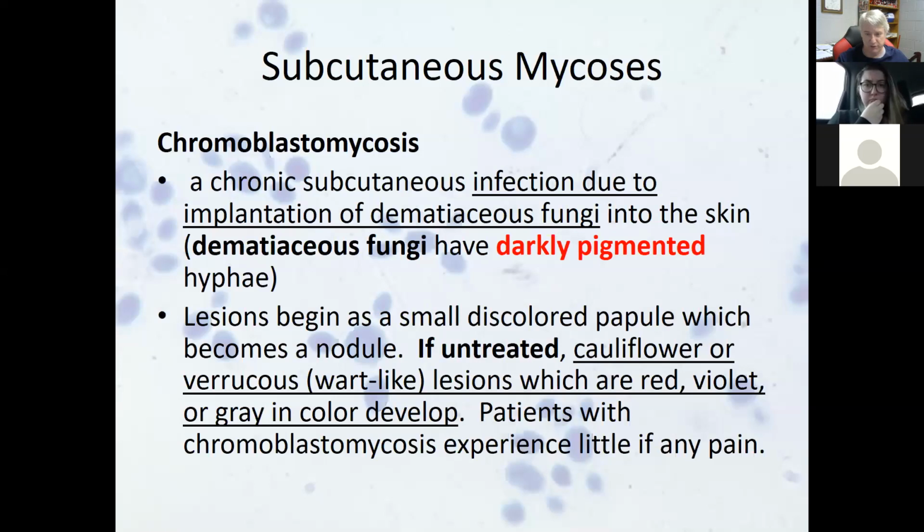A lesion, small discolored papule, then it becomes a nodule, and if it stays untreated, it turns into a cauliflower, wart-like lesion with red, violet, gray colors, and the patient with chromoblastomycosis experiences little, if any, pain. So even though we'll see a picture in a minute that looks just awful, the patient is not experiencing pain.